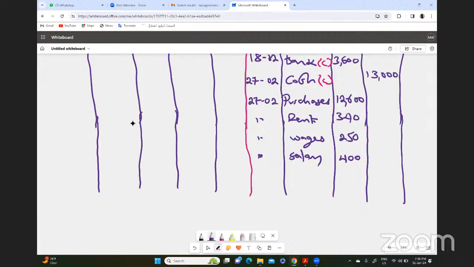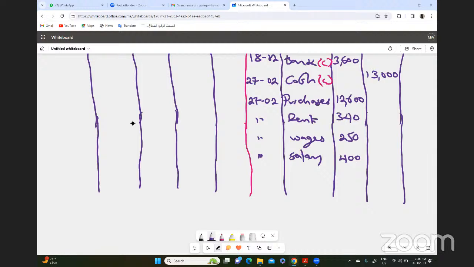But as we are balancing off here, we shall compare cash with cash. Bank with bank. So what we are going to do, we are going to get the total amounts that are in the bank column on the debit side and the total amounts that are in the bank column on the credit side.